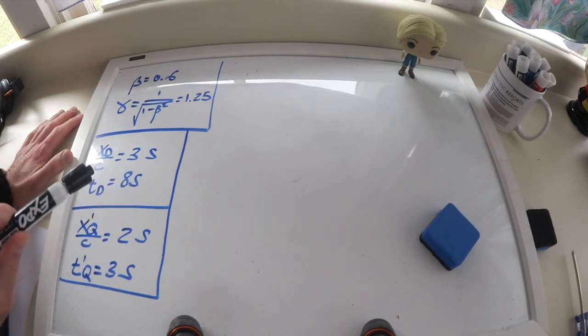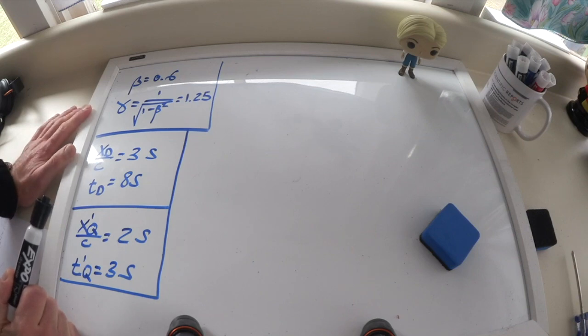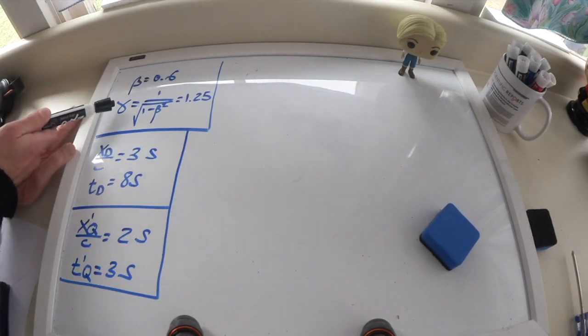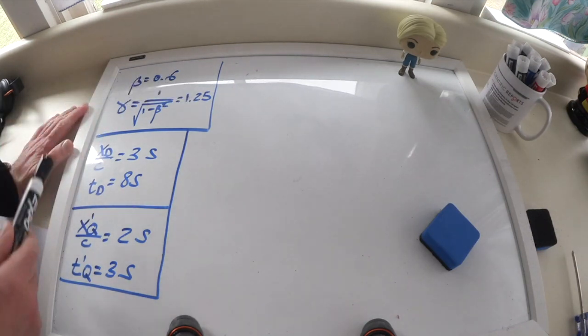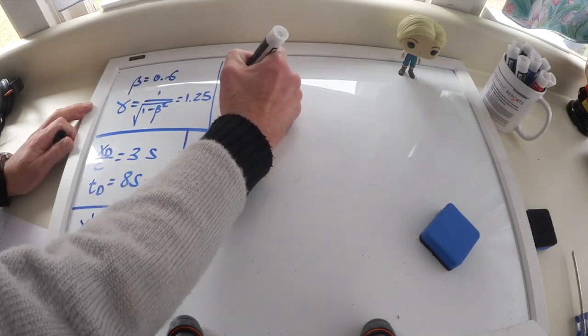I'm going to use Lorentz transformation equations to find those coordinates as seen from the Millennium Falcon. The Falcon is traveling with a beta of 0.6, so that means their gamma is 1.25. So let me write the Lorentz equations.